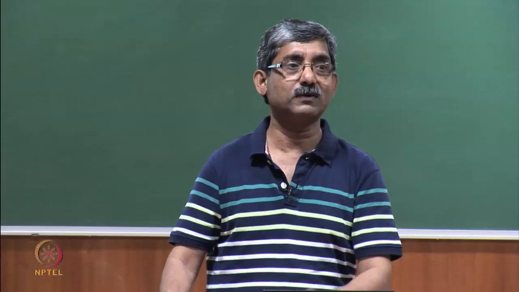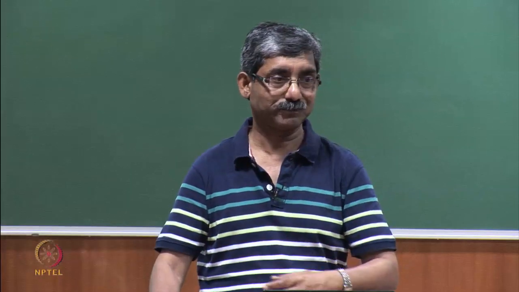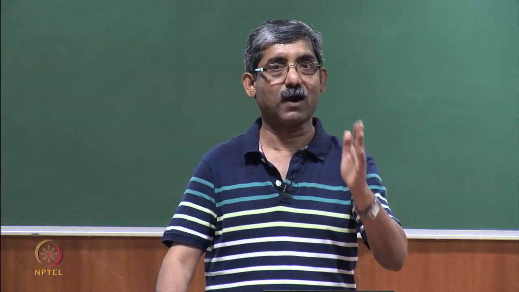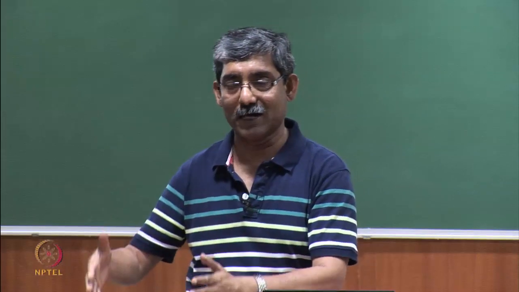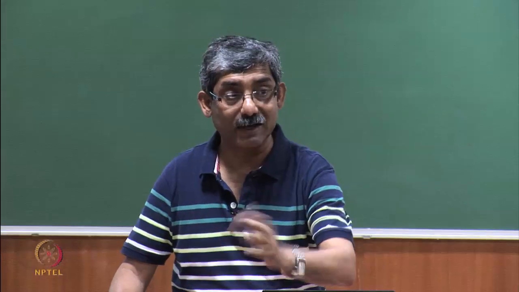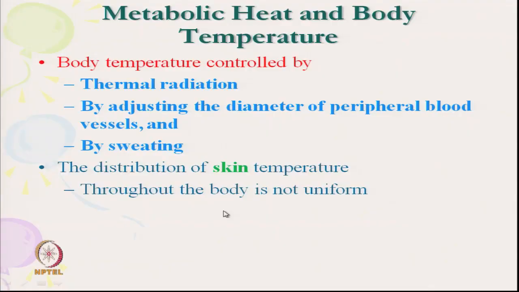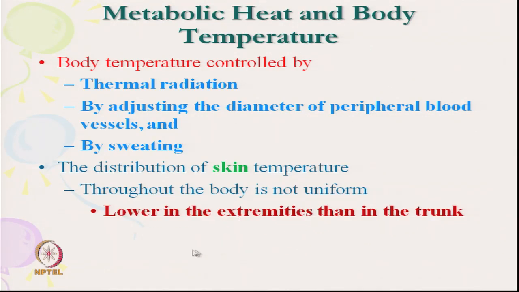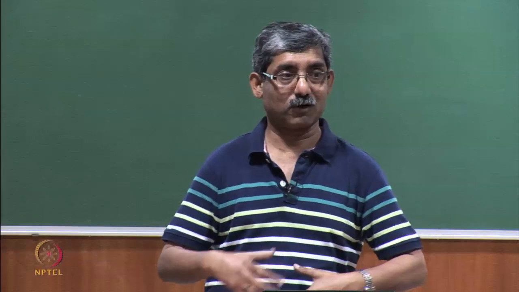But what happens to the skin temperature? Skin temperature is not constant. At different parts of the body, at different environmental temperatures, it varies and changes. Throughout the body it is not uniform, and it is lower in the extremities, from say the stomach, from this part.